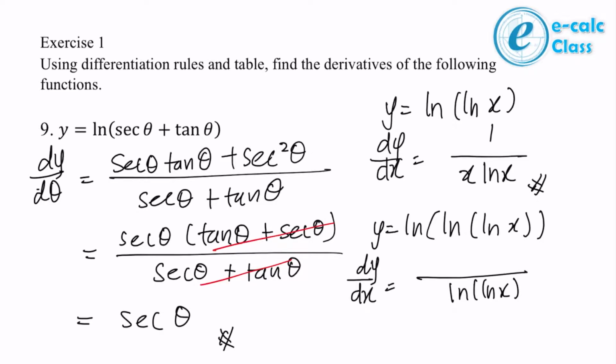It is 1 over whatever is inside, then differentiate this layer, which is 1 over whatever is inside, times differentiate this one, it is 1 over x. So this is it. Do a lot of exercises, get used to this. You should be able to do it very quickly.